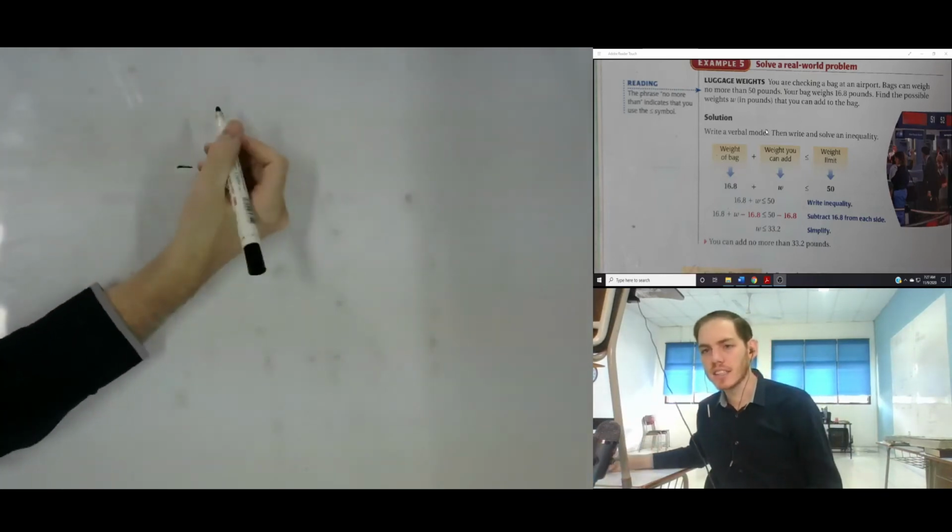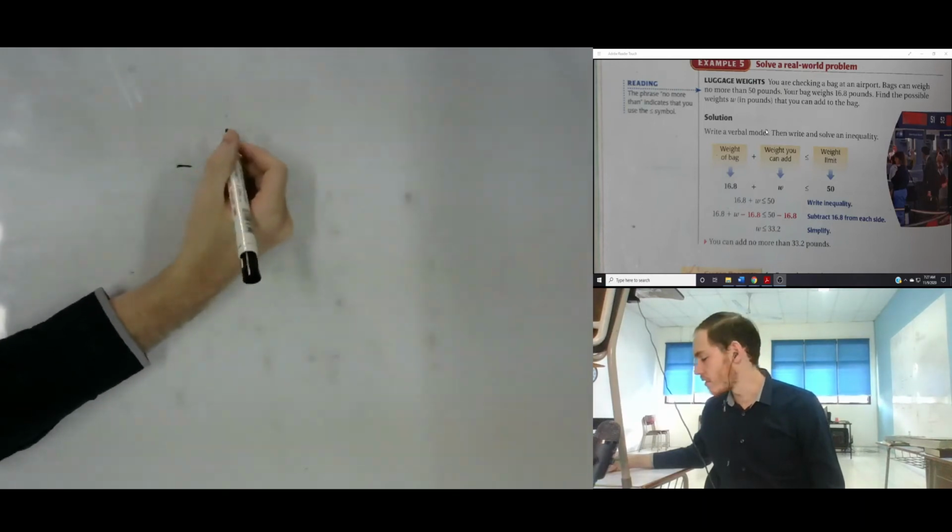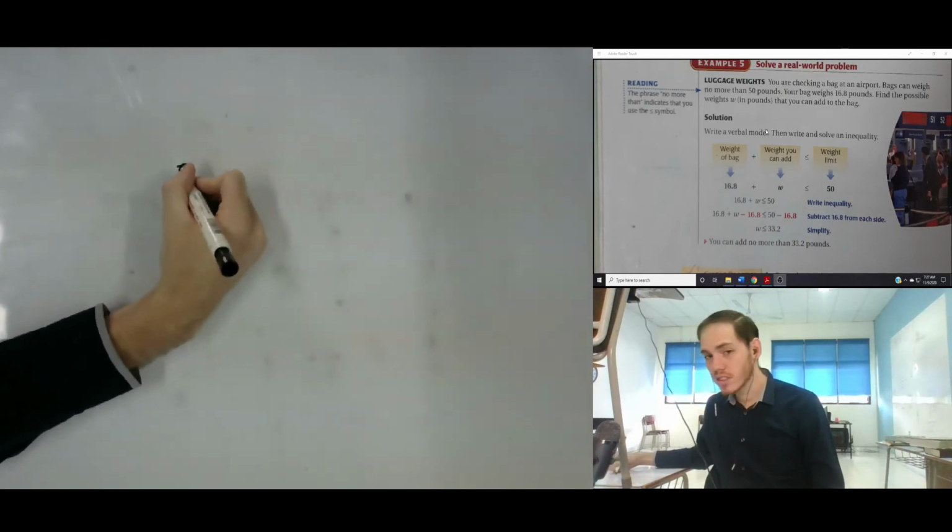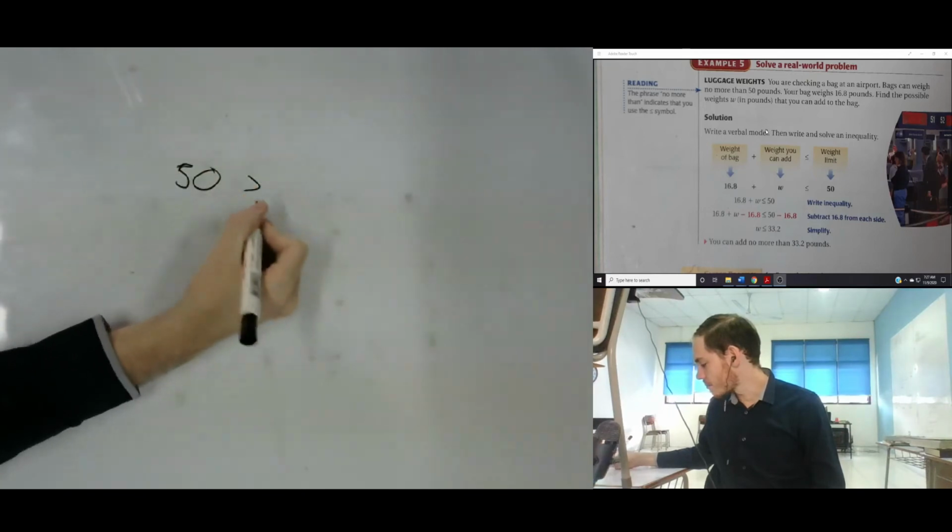Okay, let's keep going. If we have a word problem, there's a pretty straightforward way of solving it. You're checking a bag at the airport. Bags can weigh no more than 50 pounds. So 50 pounds is the maximum.